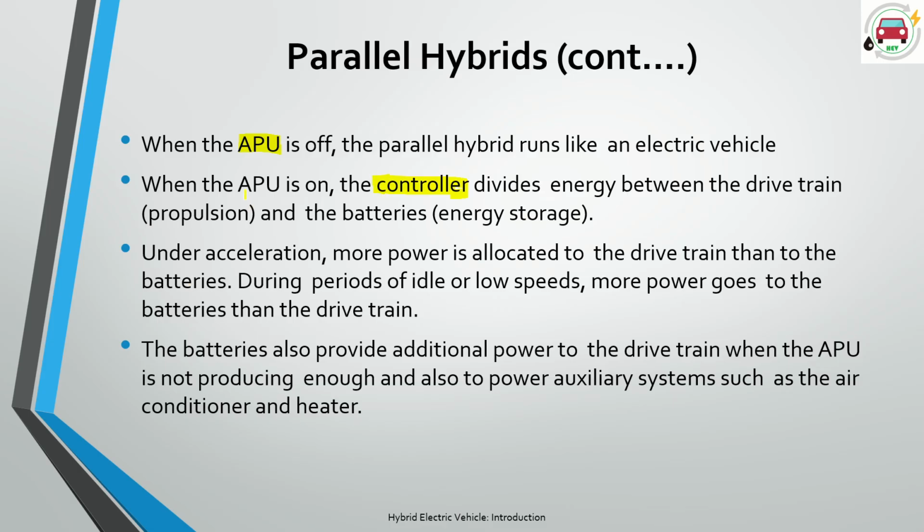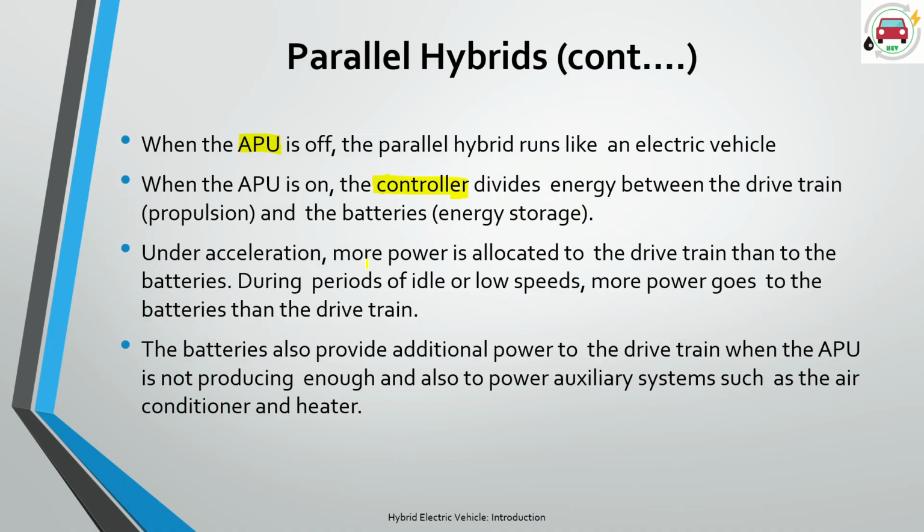We also have the engine control unit, that is ECU, for the engine control. So under acceleration, whenever we are going to run the vehicle very fast, we need more power.